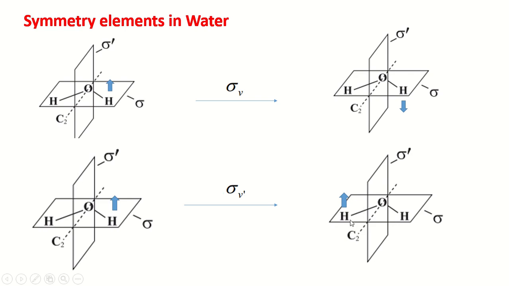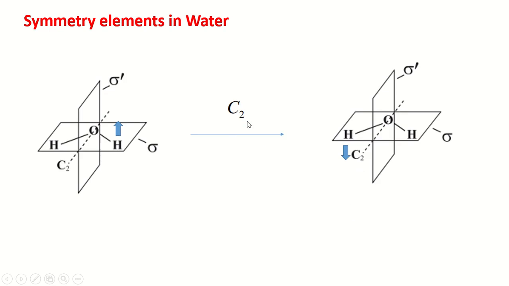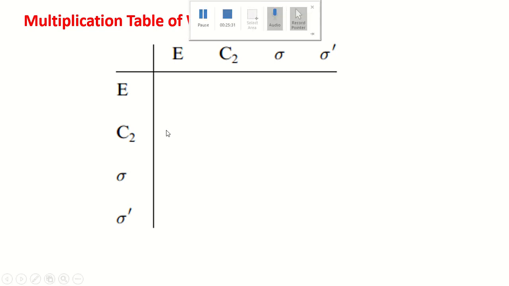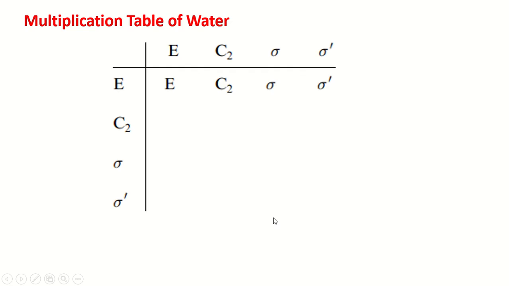If we apply sigma, the arrow changes its position downward on this hydrogen atom, then this operation would be equal to the C2 operation. It is quite easy to understand that if we apply sigma dash then sigma, the resultant would be C2, and sigma dash multiplied with sigma dash would yield the identity.